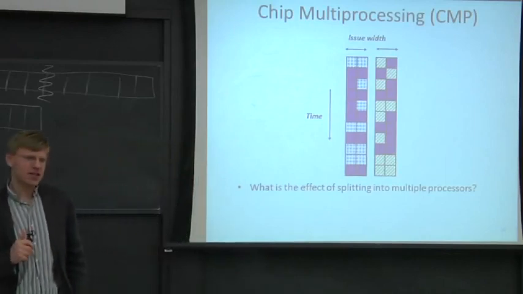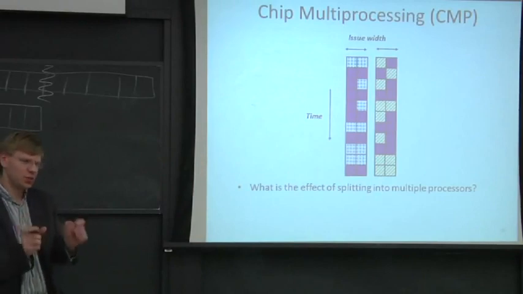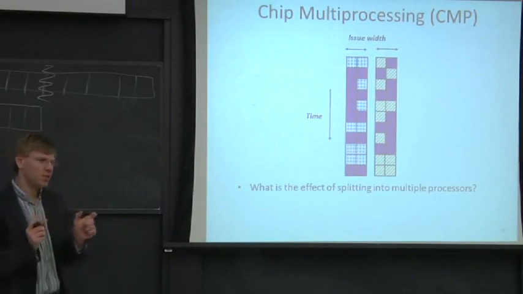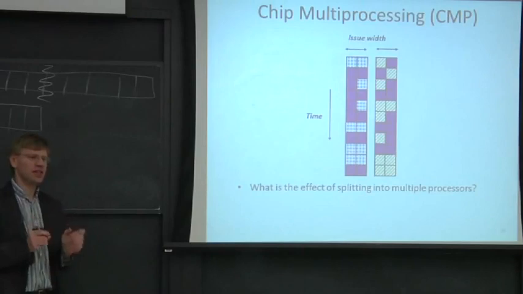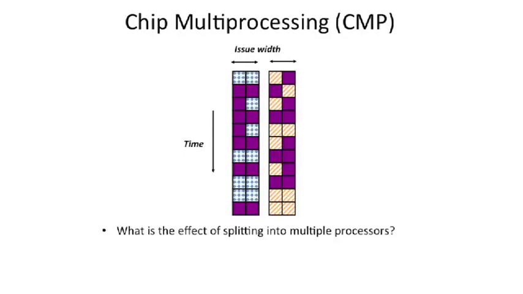They had a clustered VLIW, or clustered superscalar, and you could flip a bit and cut the 2 clusters apart and run them as 2 separate processors or 2 separate threads.